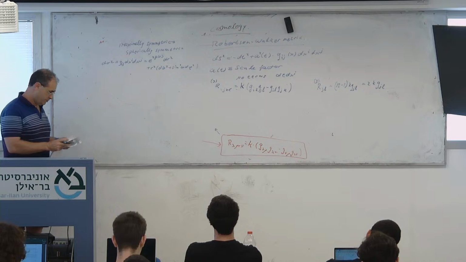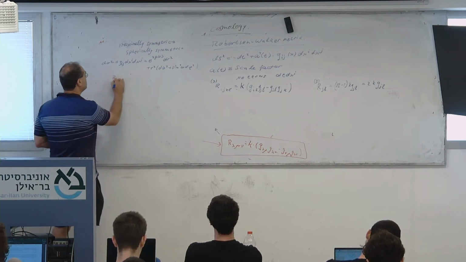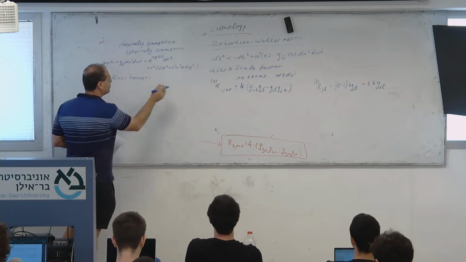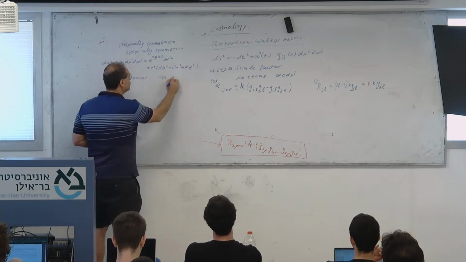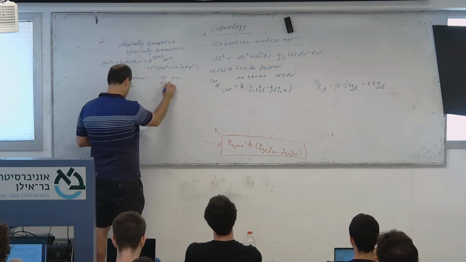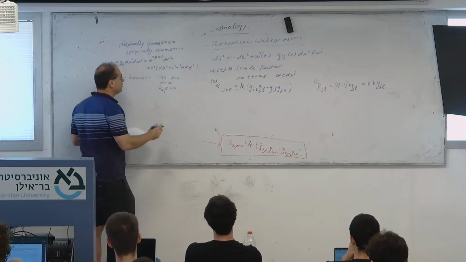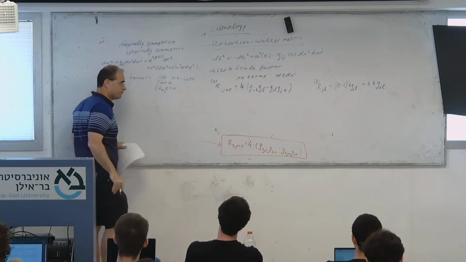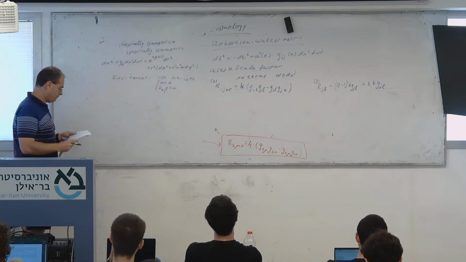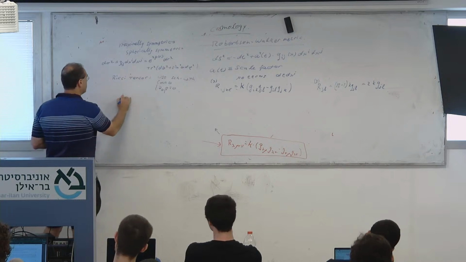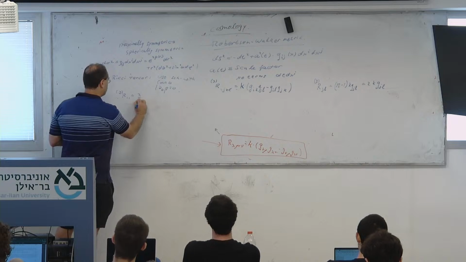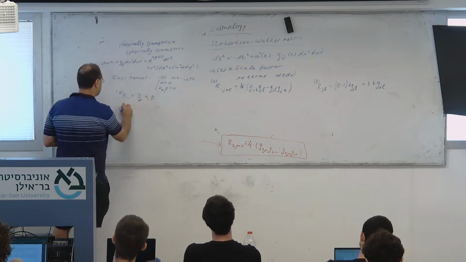So, for the Ricci tensor, just from the Schwarzschild, alpha is equal to 0, and d0 beta is equal to 0. There's no time derivative, and we end up with R11 in 3 dimensions is 2 over r d1 beta.